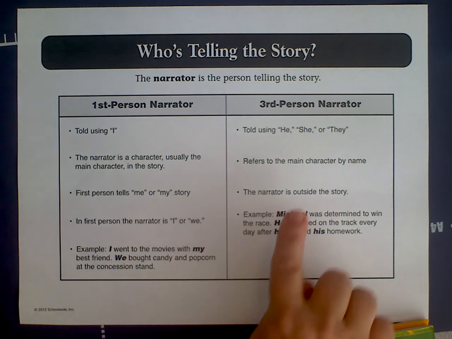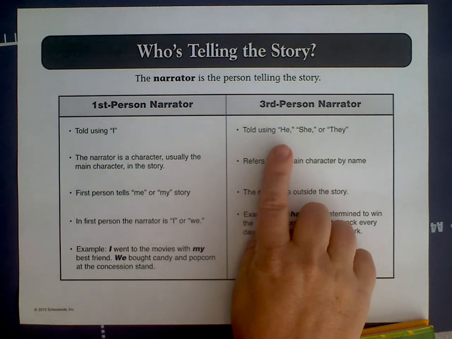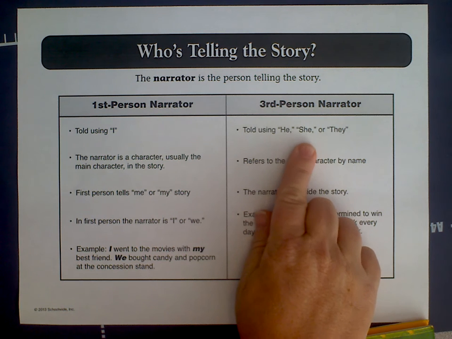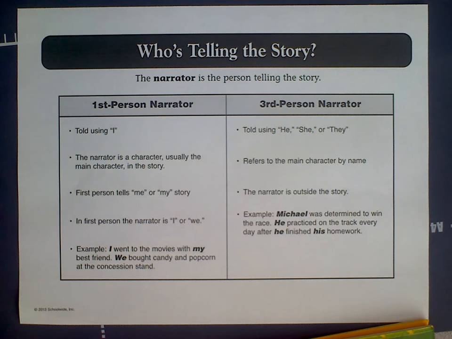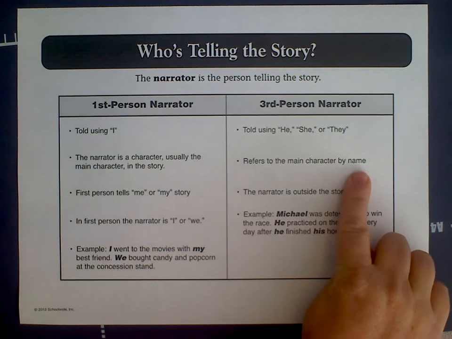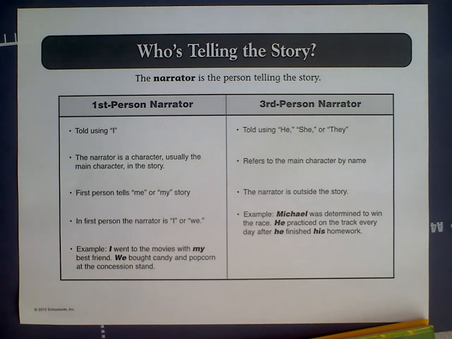The third person narrator uses the pronoun he or she or they, or refers to the main character by their name, and does not take part in the story. A third person narrator is like an outsider looking in on the story, not a character in the story.